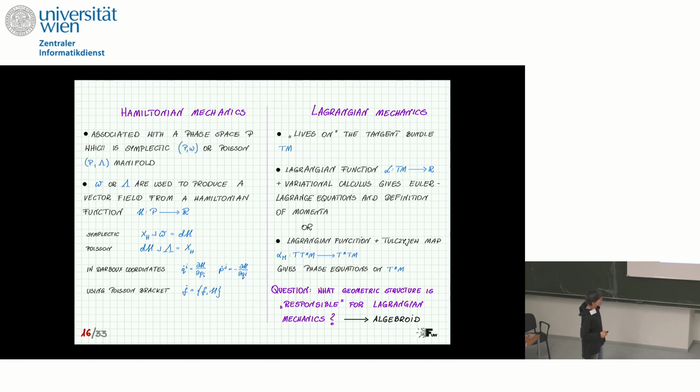What is the geometric structure that is responsible for this map? So the answer is, it is an algebroid. Therefore we will now shortly review different possible definitions of the algebroid. And then you will see at the end that really the Tulczyjew triple on an algebroid is two of the several definitions I will present written on one diagram.